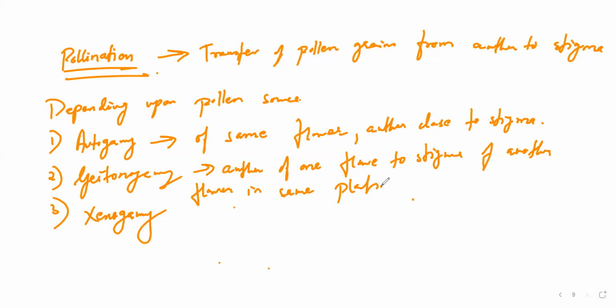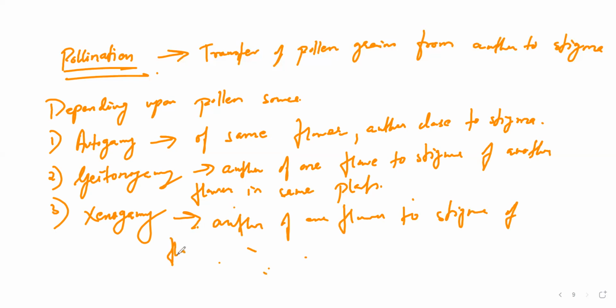That is the difference. Whereas the last one, xenogamy, is like geitonogamy, but instead of the same plant, you have to write a different plant. So it is the anther of one flower to the stigma of a flower of a different plant.